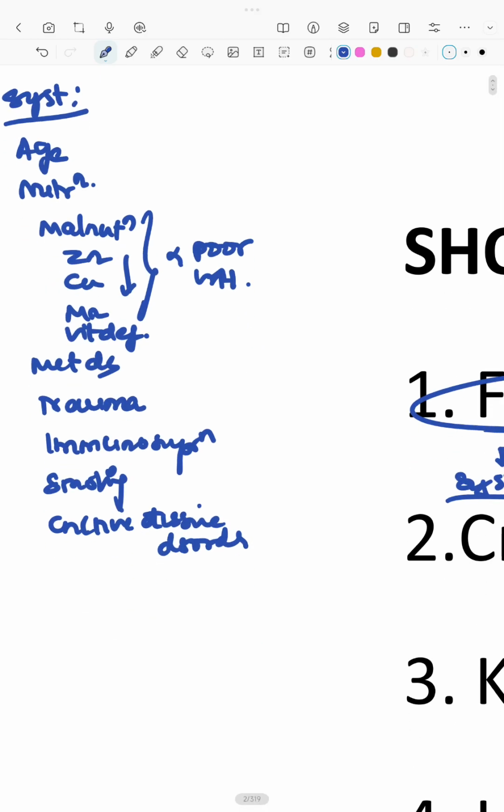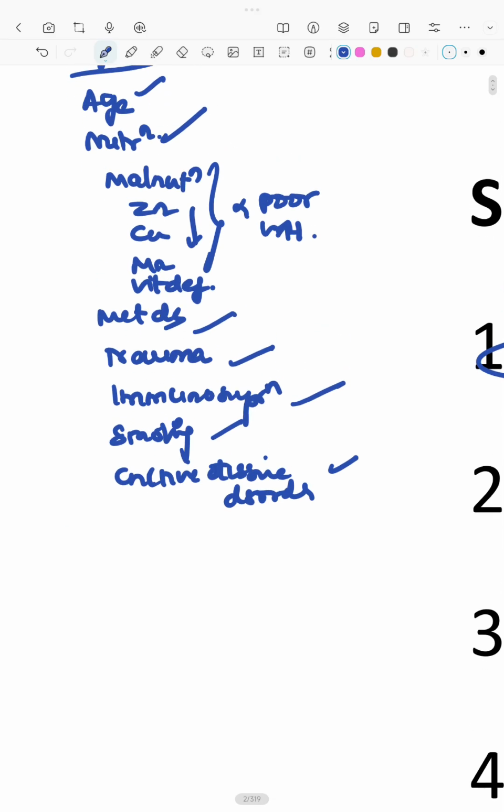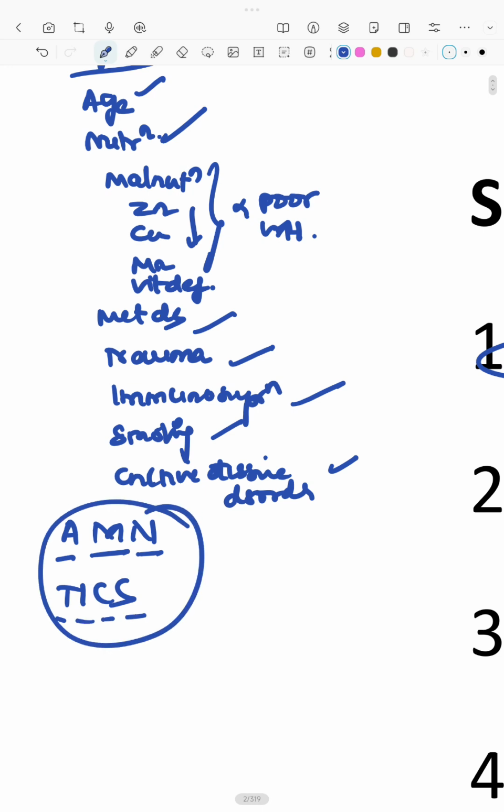These are all the systemic factors: age, nutrition, metabolic disorders, trauma, immunosuppression, smoking, connective tissue disorder. This can be remembered with the mnemonic AMN TICS: age, metabolic disorder, nutrition, trauma, immunosuppression, connective tissue disorder, and smoking.